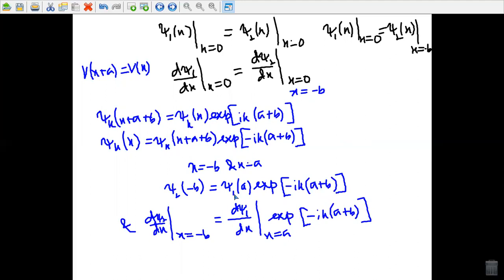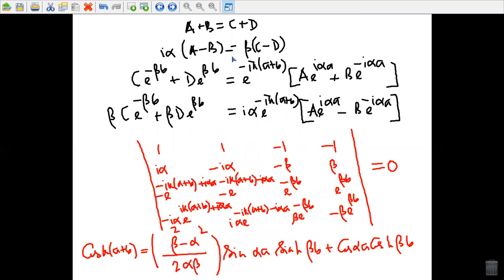Now applying the boundary conditions in previous equations, we write the modified equations like this: A plus B equals C plus D, i alpha times (A minus B) equals beta times (C minus D), C e to the power minus beta b plus D e to the power beta b equals e to the power minus ik(a plus b) times (A e to the power i alpha a plus B e to the power minus i alpha a), and beta C e to the power minus beta b plus beta D e to the power beta b equals i alpha e to the power minus ik(a plus b) times (A e to the power i alpha a minus B e to the power minus i alpha a).